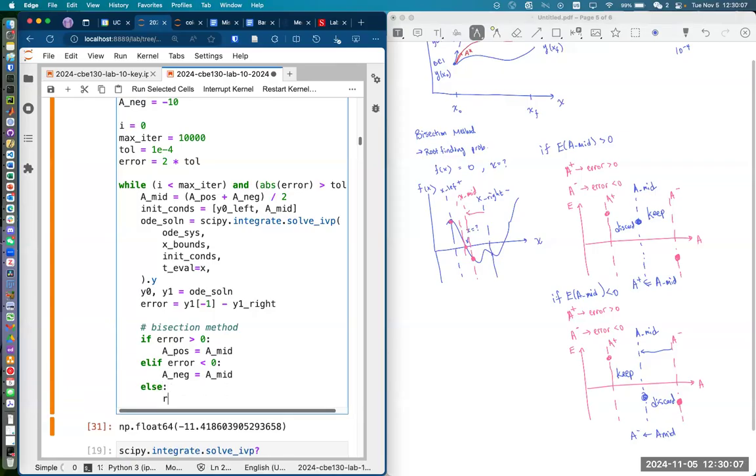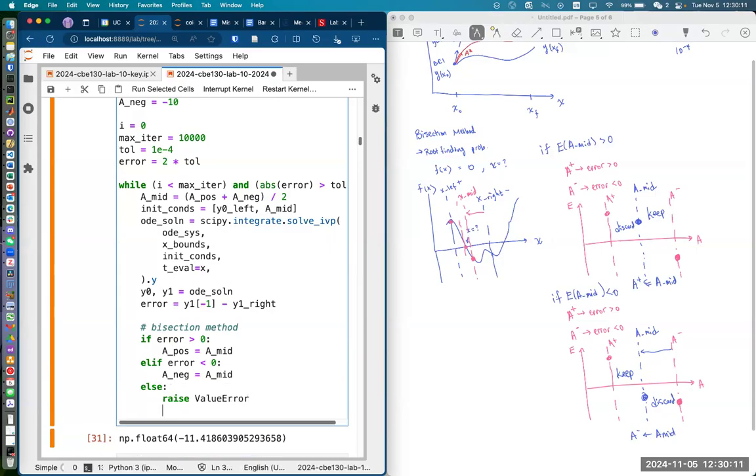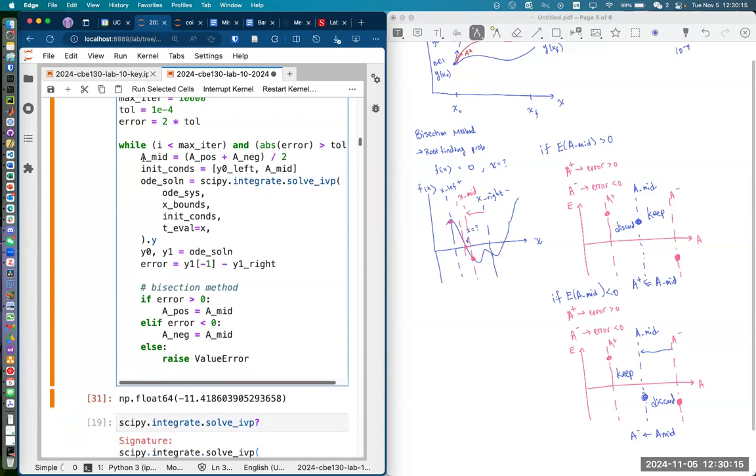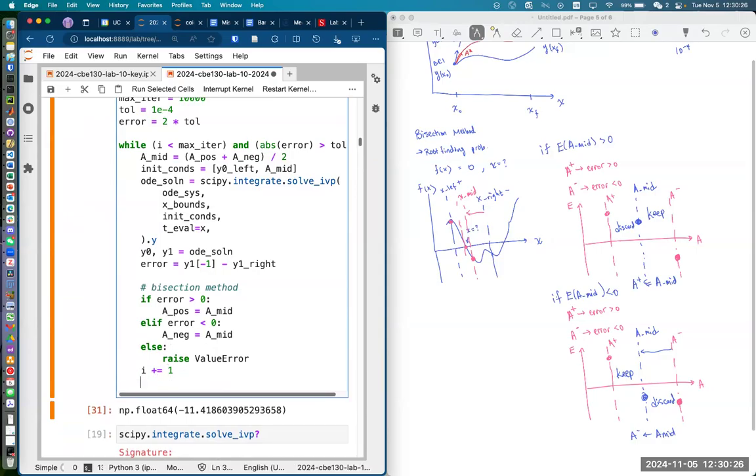And otherwise, I'll just raise an error because there shouldn't be other options. And finally, after this iteration, I'll increase the iteration counter by 1. So plus equal 1 means that this is equivalent to I is equal to I plus 1.